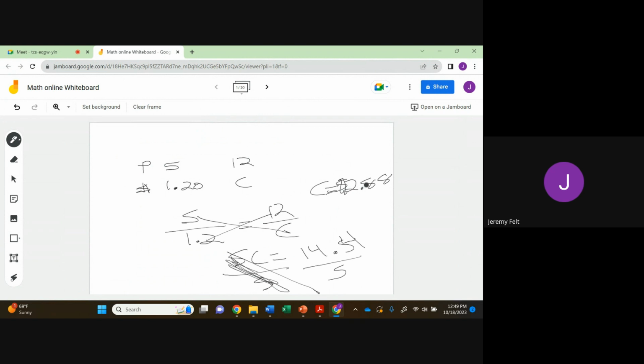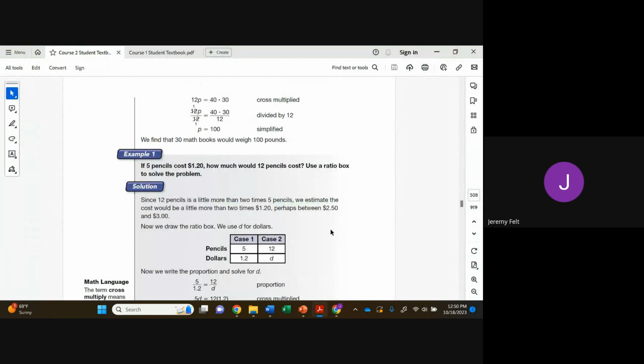If we moved a decimal around and said $28.80, that seems really high for just 12 pencils. You're right, go back and check your work. Oh, I misplaced a decimal, or whatever the case may be. So always check your work, especially if you get to an answer and for whatever reason it's just not making sense. How is that my answer? It's probably a good instinct telling you that you need to check your work.